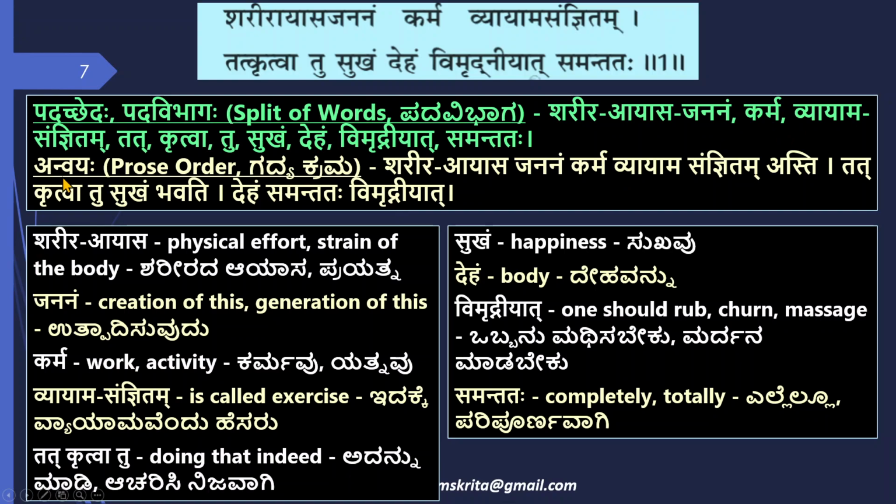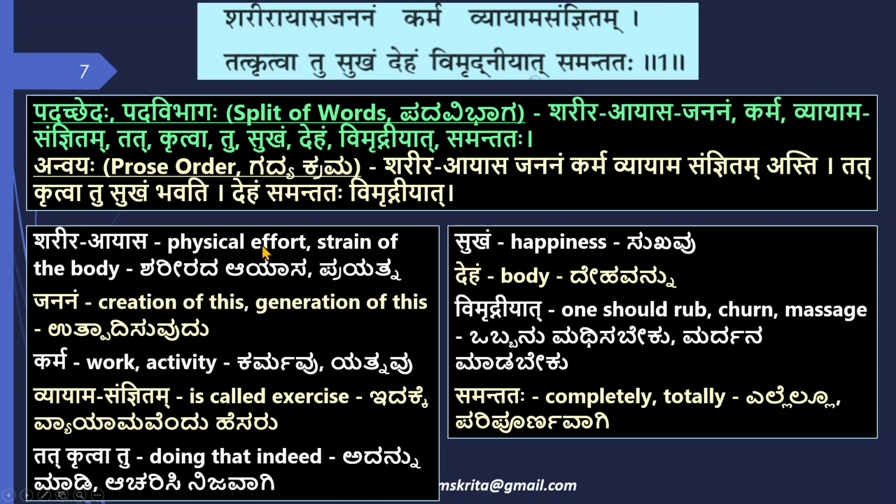Next we write the Anvaya or the prose order, the Gadya Krama, because the Padya Krama, the poetry order, is not necessarily the prose order. We need to convert that poetry form into simple sentence in Sanskrit so that we can understand it easily. So this is called Anvaya or Gadya Krama. That is the second step.